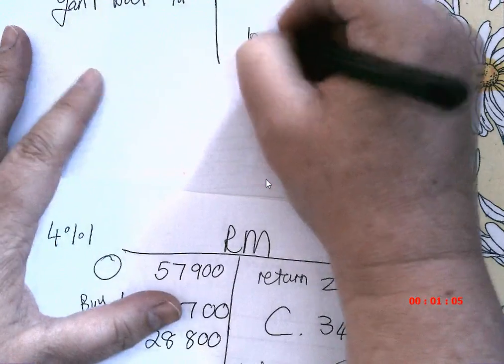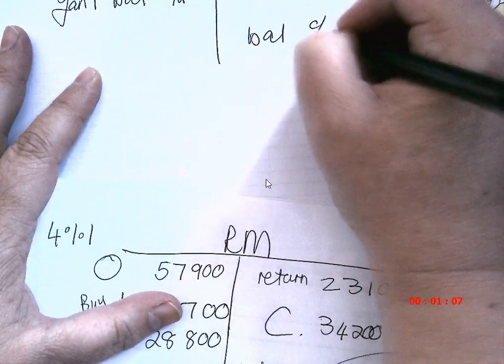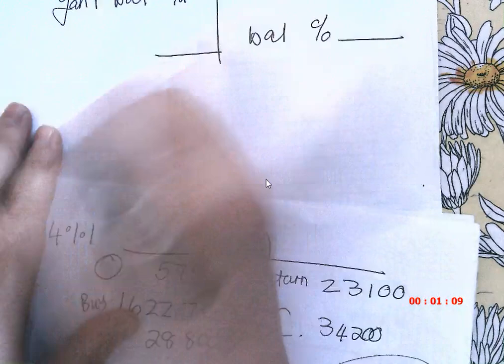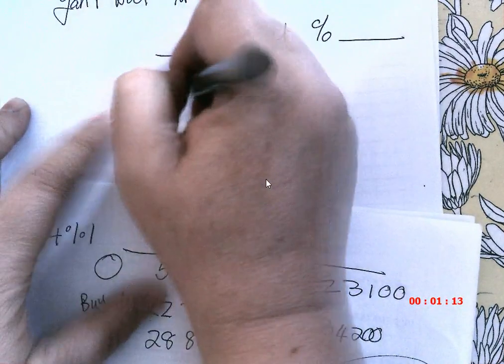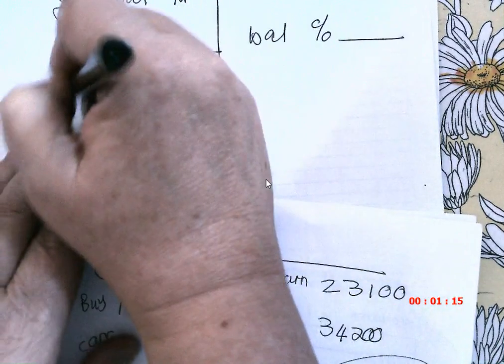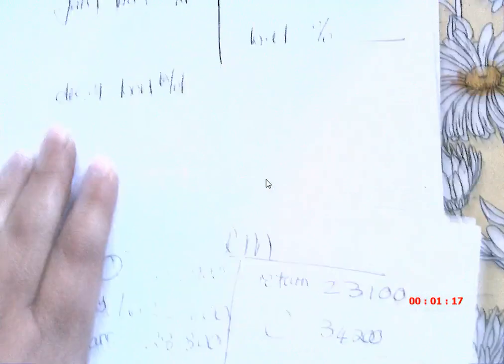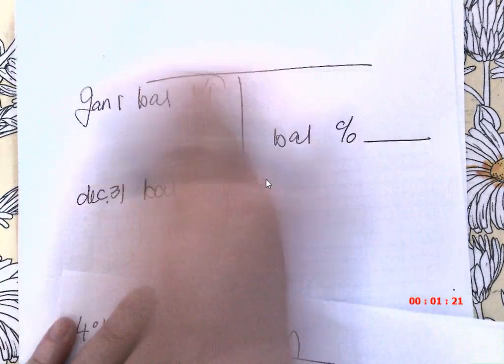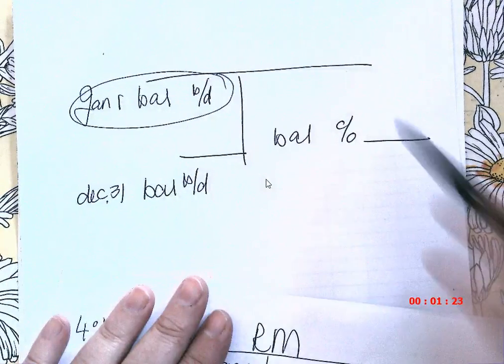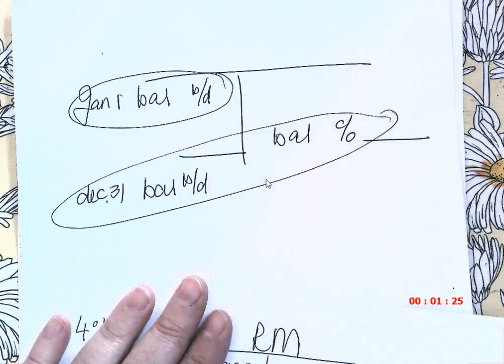Then I have a balance CD, né? And then I have again a new balance BD, let's say 31st December. So when I talk about the opening balance, it's this one, and the closing balance is this one.